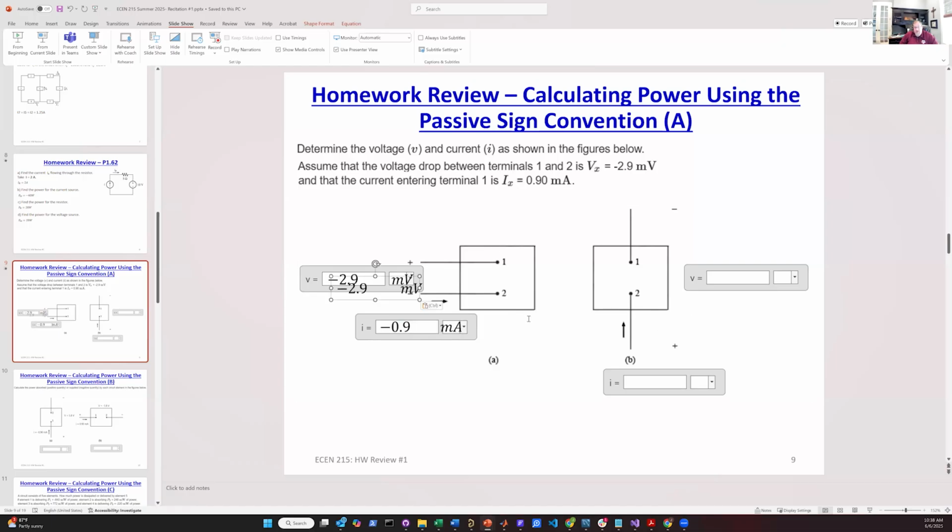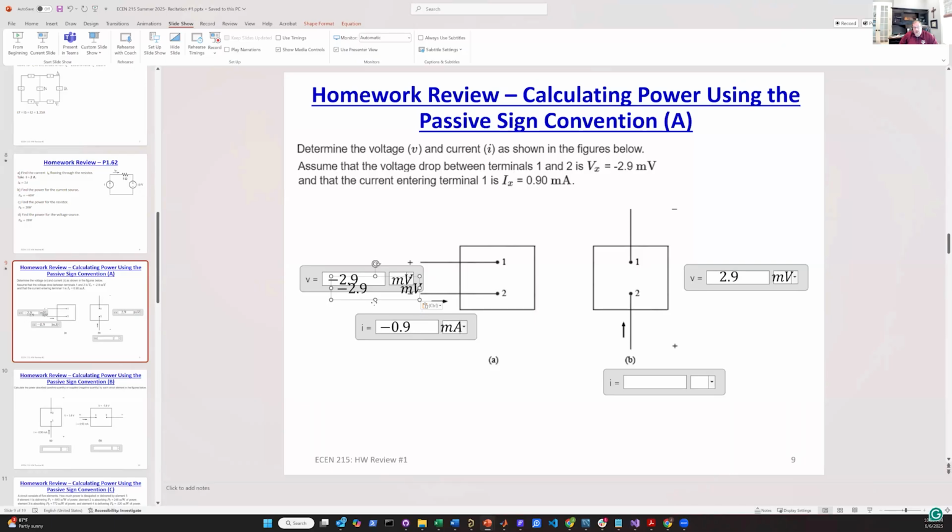Then we come over here and do this other side, they're just labeling it differently. Here they have the positive terminal in pin 2 and the negative terminal in pin 1. Well, again, the voltage drop from 1 to 2 was minus 2.9, so this is just flipped. Still the units of millivolts.